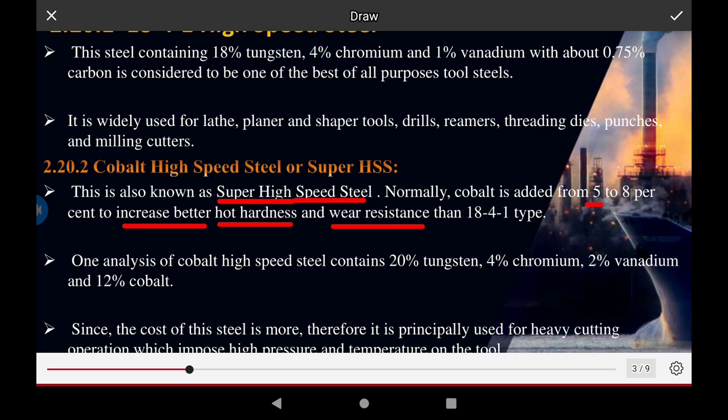One analysis of the cobalt high speed steel contained 20% tungsten, 4% chromium, 2% vanadium and 12% cobalt. Since the cost of this steel is more, it is principally used for heavy cuts that put much high pressure and temperature on the tool.